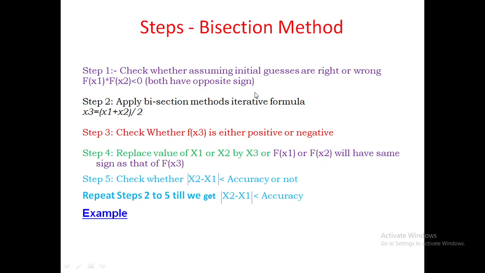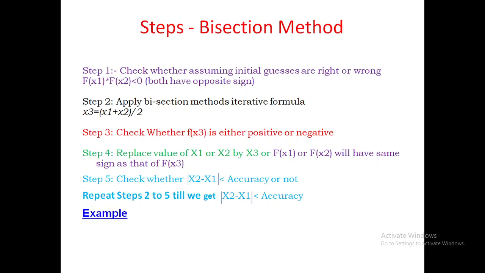Once you have checked that, you have to check that f of x1 into f of x2 is less than 0, because both have the opposite sign. Then the initial guesses x1 and x2 are right. Otherwise, you have to choose other guesses. Okay, all of you getting?